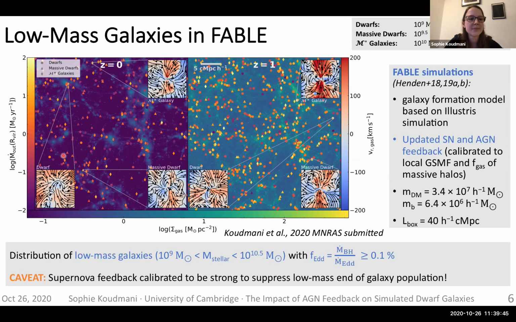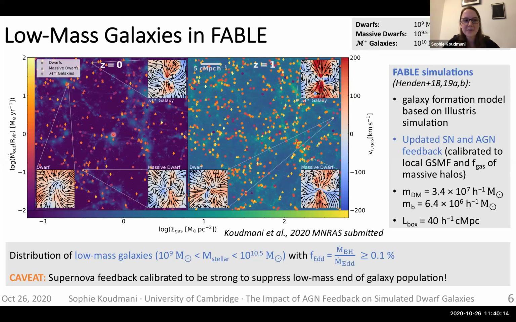And for each mass bin, we zoom in on a representative example galaxy and show the structures of these outflows at the virial radius. So what you can see here is that at both redshifts and across all mass bins, we have pretty significant outflows that reach the virial radius. And all of these also have a fast component that is fast enough to escape the halo.